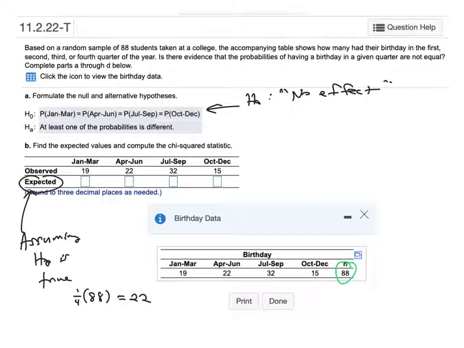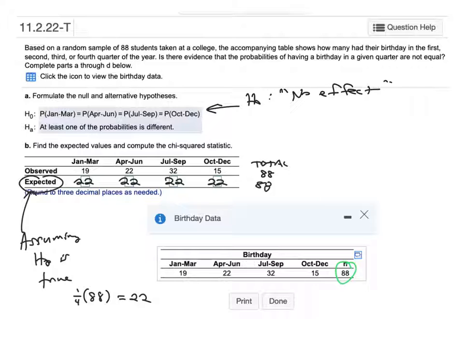If there's no bias towards any particular time of the year to have a birthday, then given 88 people, 22 would be born January, February, March, 22 would be born April, May, June, 22 would be born July, August, September, and 22 would be born October, November, December. So they should be evenly spread out.